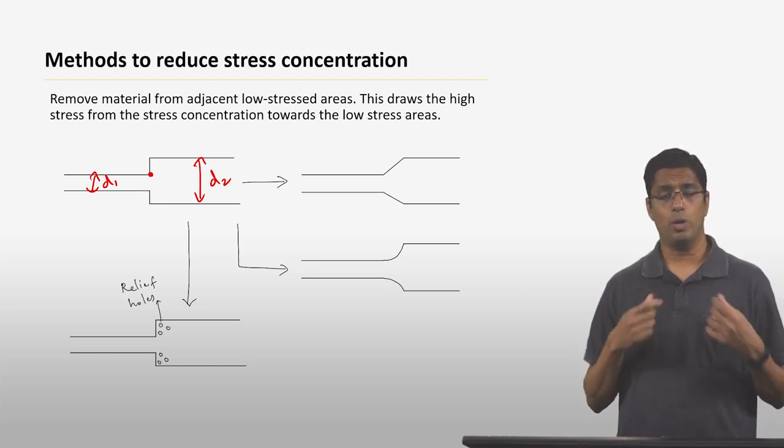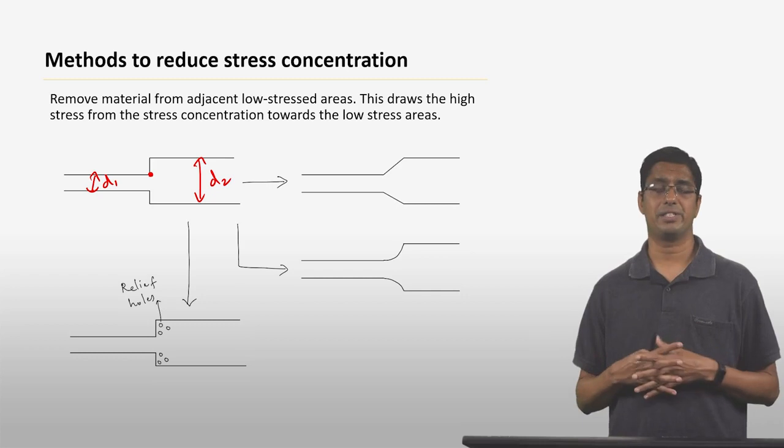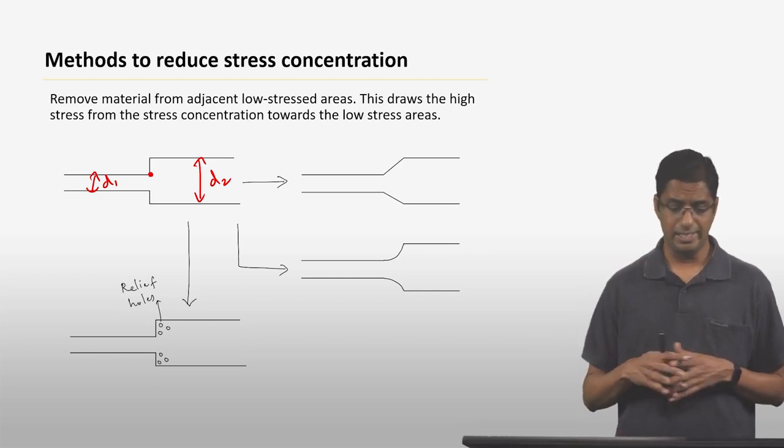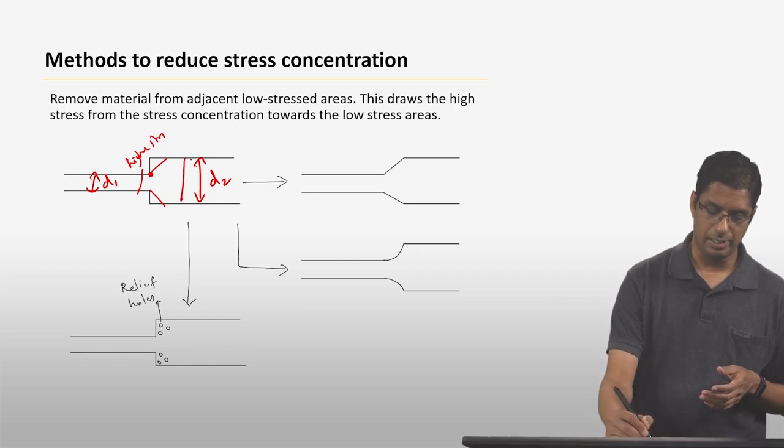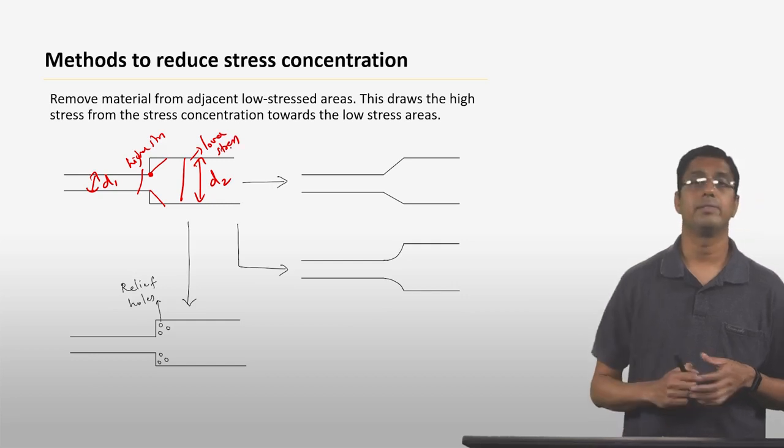So one way to reduce this stress concentration is to remove material in the low stress region. Essentially this region is going to be higher stress and this is going to be lower stress because the diameter here is higher, right?